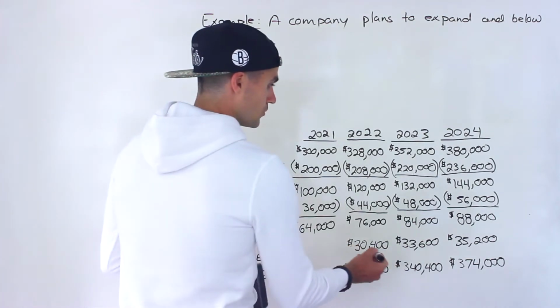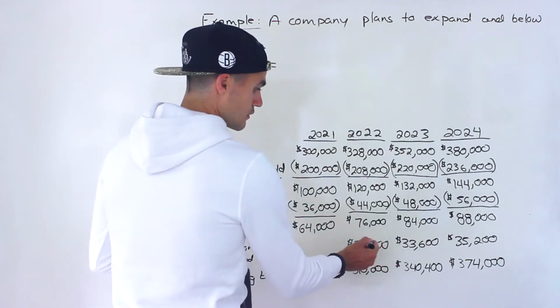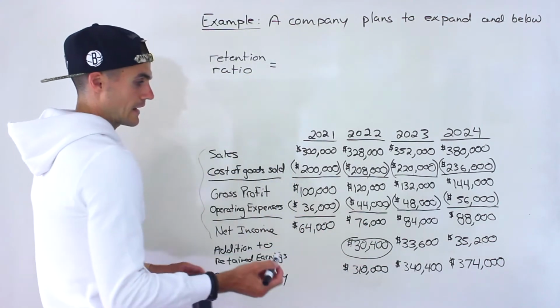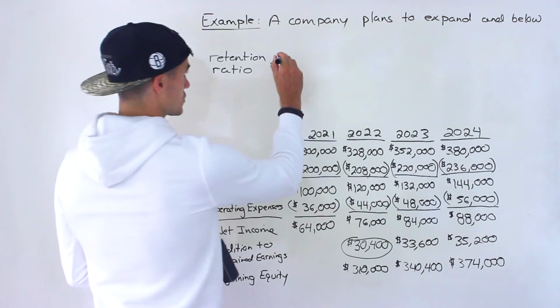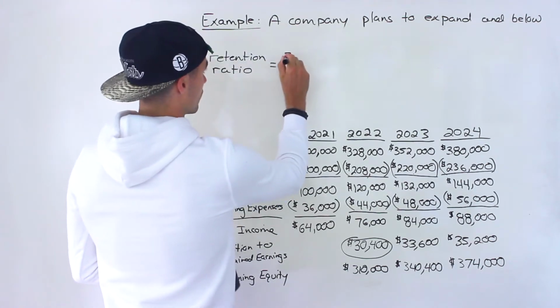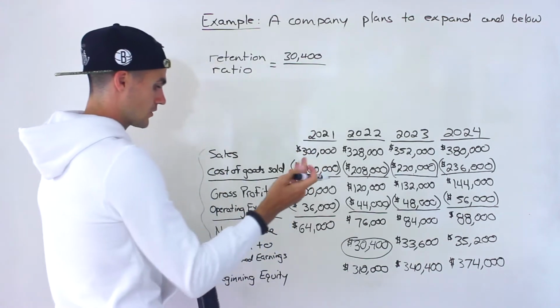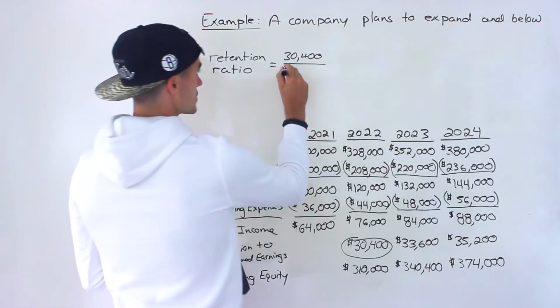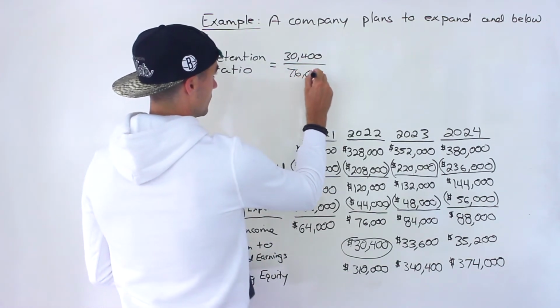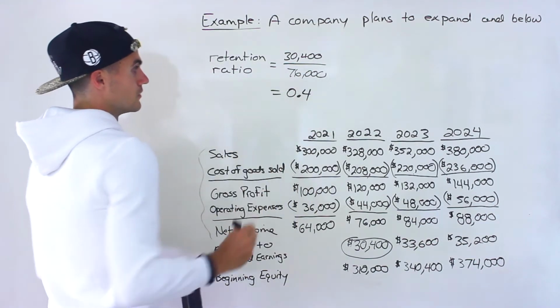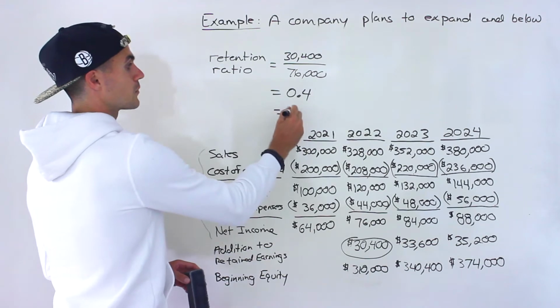So what we can do is take these amounts and divide them by the net income. Starting with 2022, we'd have 3,400 addition to retained earnings, or the amount retained, over 76,000. When you do this, you would get 0.4 or 40%.